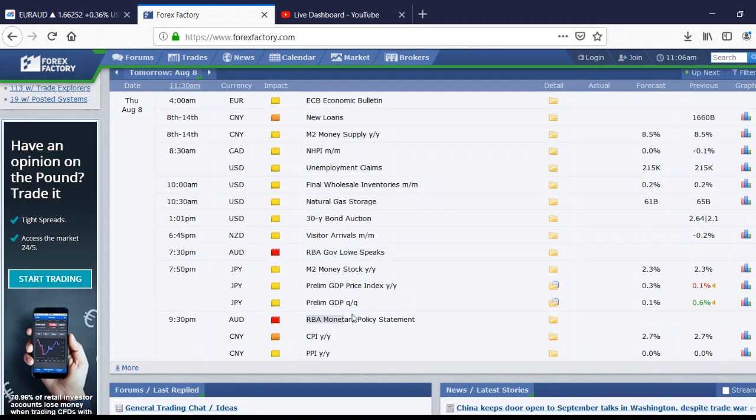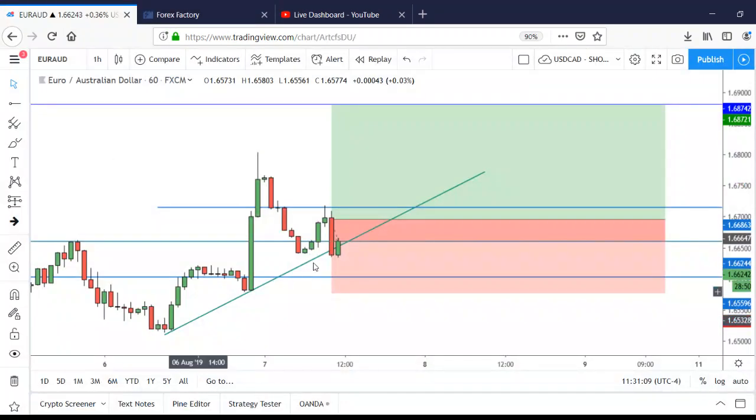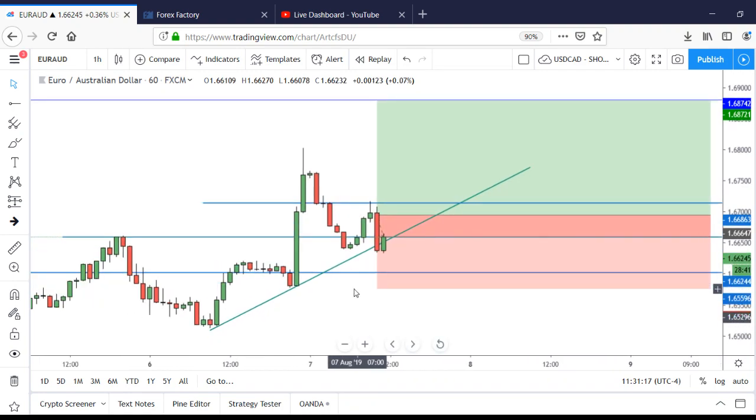Hopefully by tomorrow, I don't think we need it, but we'll have this as a catalyst for further moves down. We do have Chinese CPI after, which is also key for the Aussie. So tomorrow's a big day for the Aussie. We'll see how that pans out. If we do get Aussie weakness, we can see this long trade play out, and the Euro Aussie and Aussie dollar should slip.